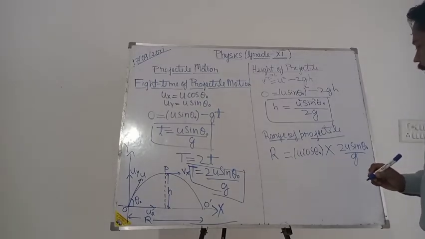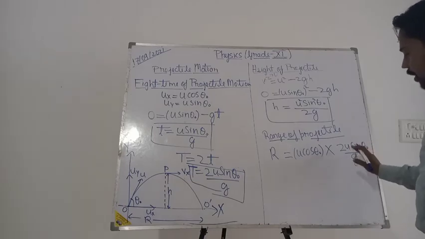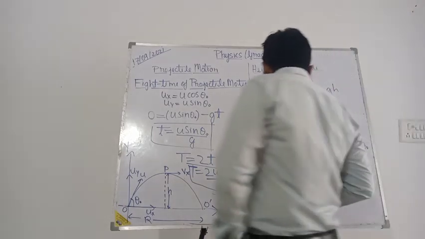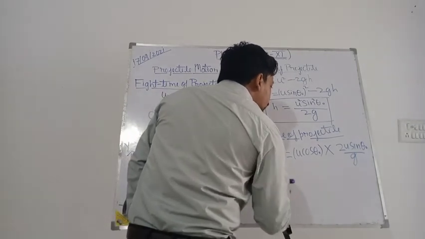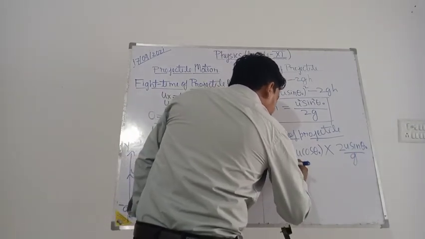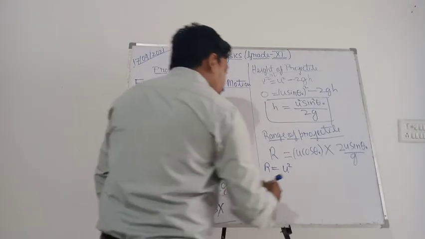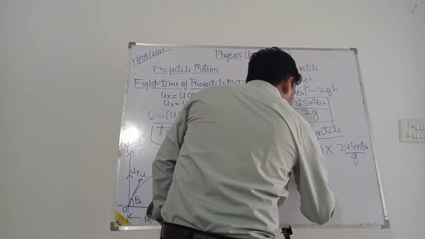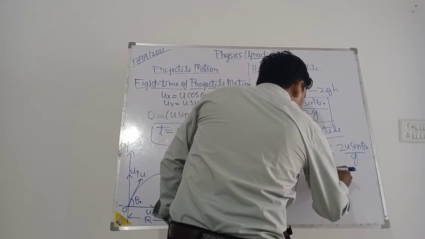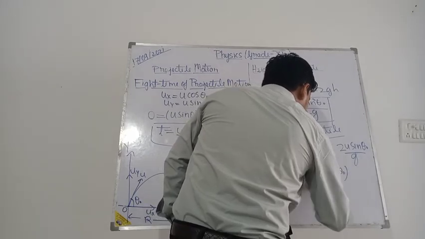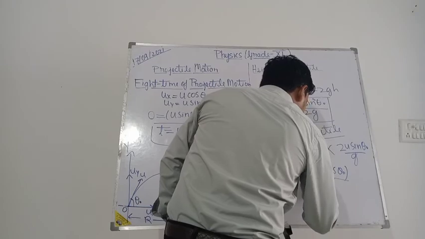We again simplify this expression, and after simplification we can write that R is equal to u square into 2 sin theta naught cos theta naught upon g.